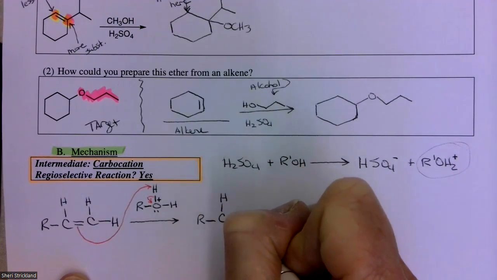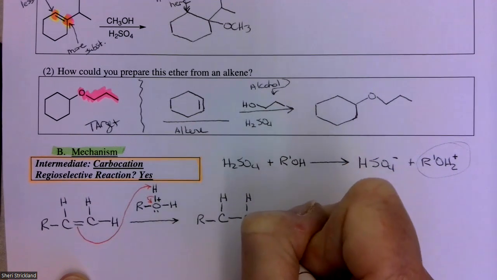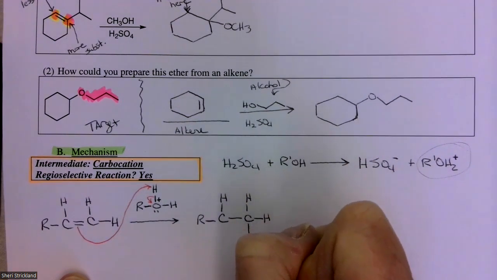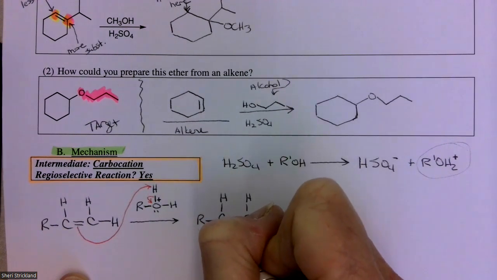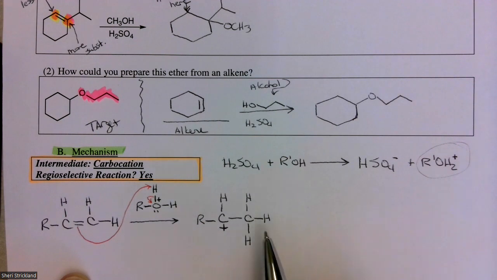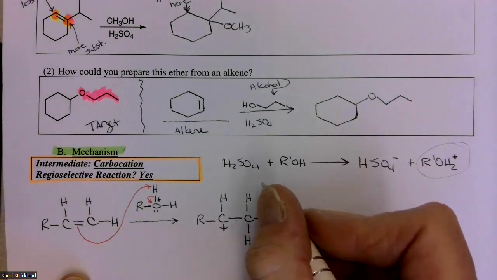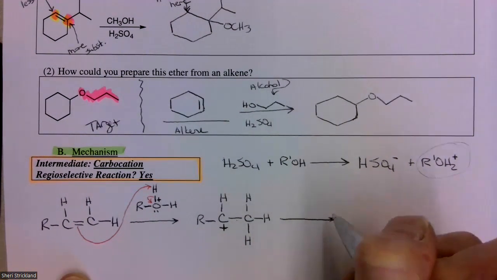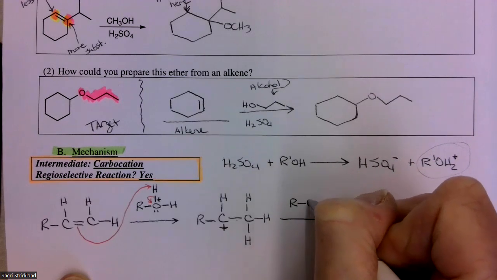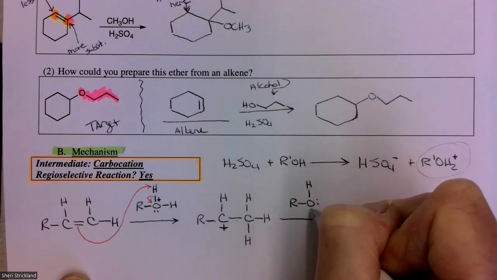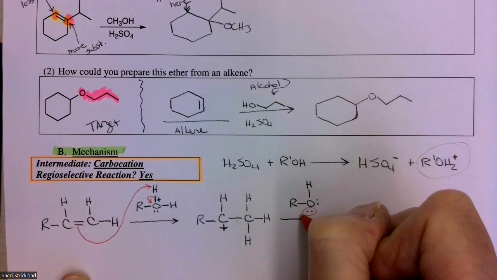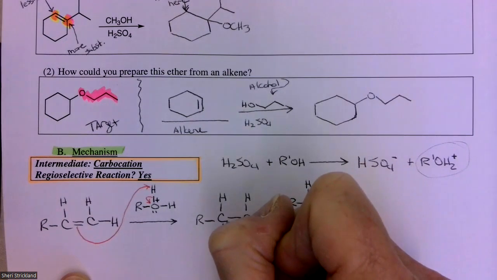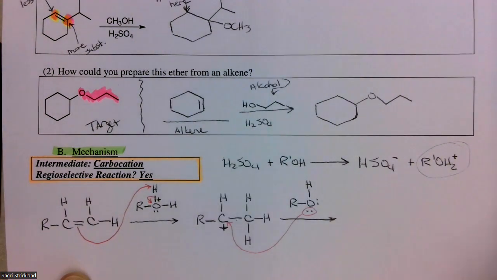So all these atoms that were originally there are there now. The new hydrogen goes to the vinylic carbon, less substituted, so that the carbocation can form on the vinylic carbon that is more substituted. And then the alcohol comes back in as the nucleophile.